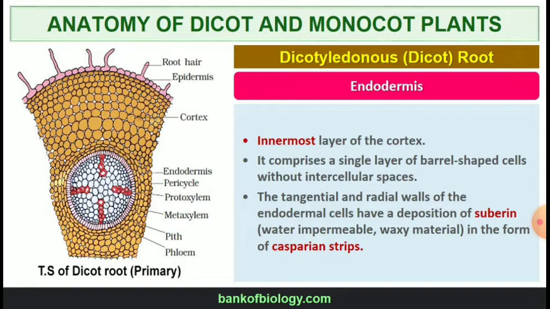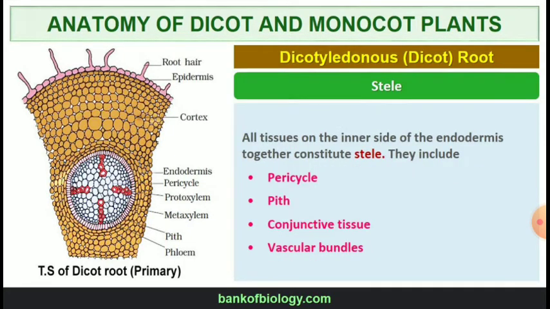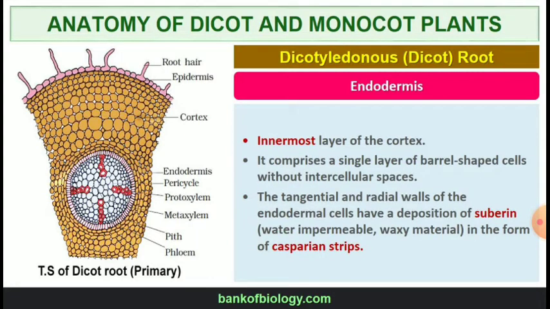It comprises a single layer of barrel-shaped cells without intercellular spaces. So the cortex is different from the endodermis because the cortex has intercellular spaces, with some space in between the cells, but in the endodermis, that space is not present.